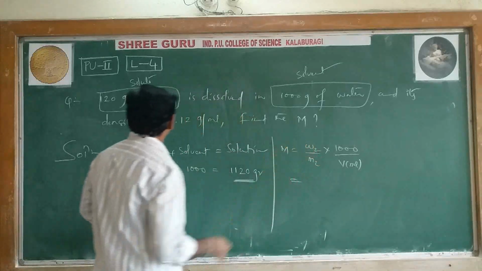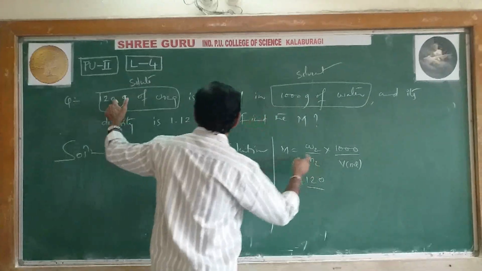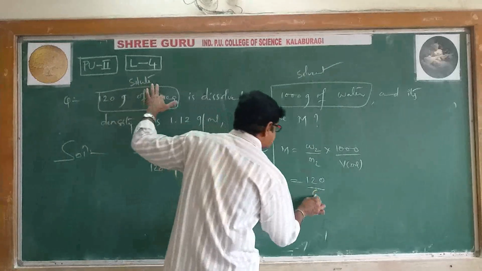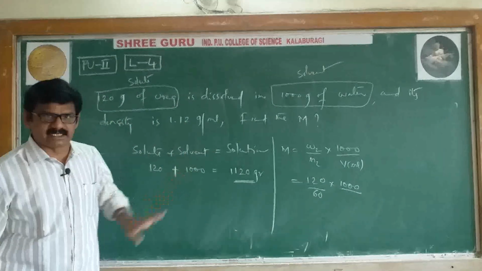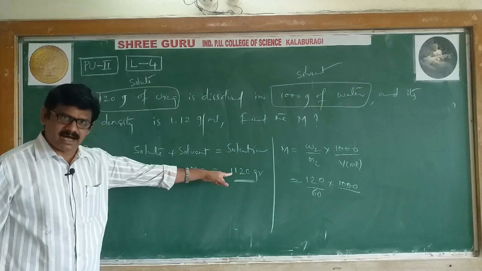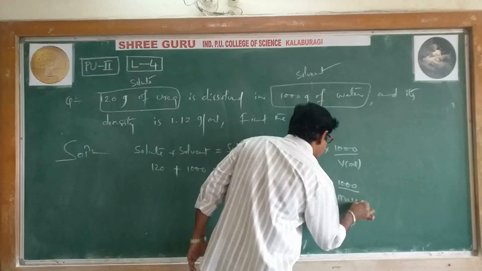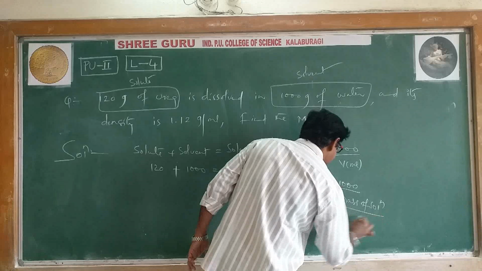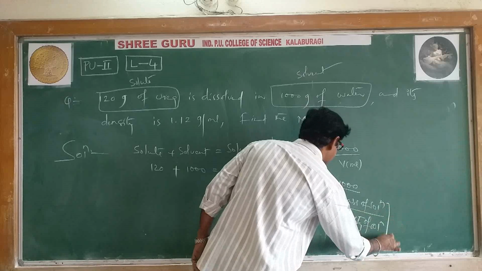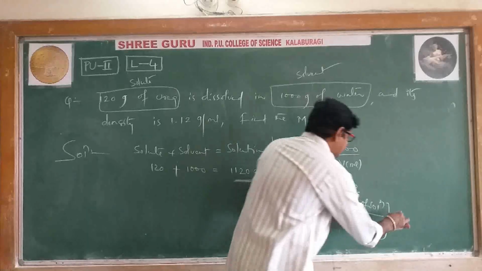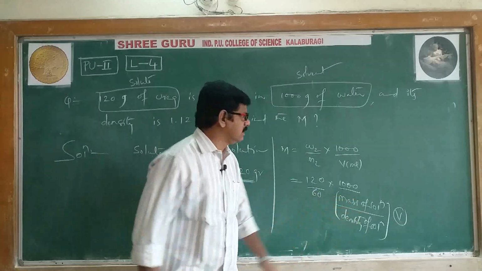Then mass of solute is of course 120 grams divided by molar mass of solute, urea, 60, into 1000 divided by volume of solution, which is not there. Instead of volume of solution, the mass of solution is there. Therefore, I am taking the mass of solution divided by density of solution. It is nothing but a volume term. Volume is obtained. Mass by density is nothing but volume.